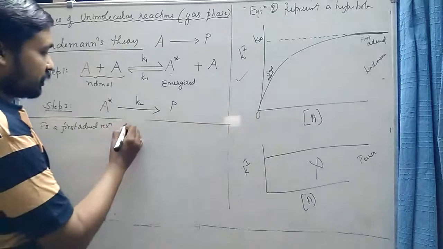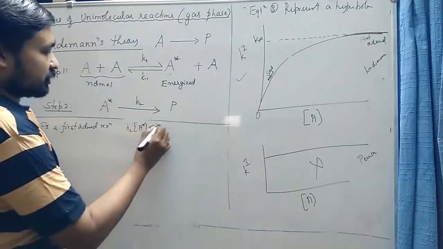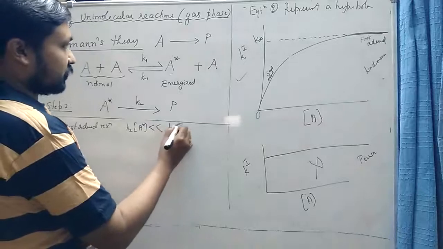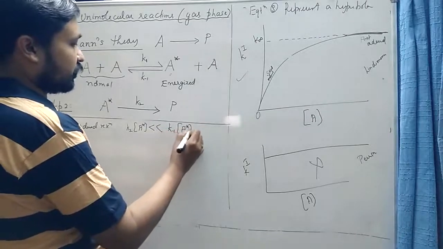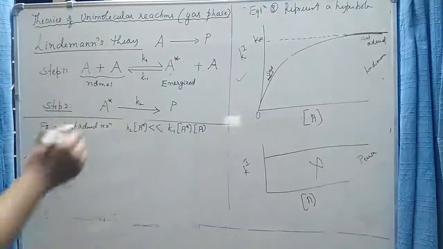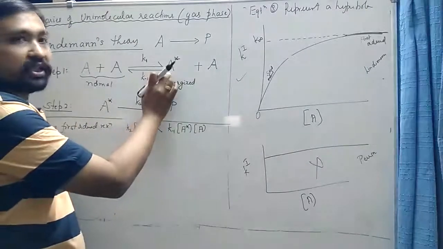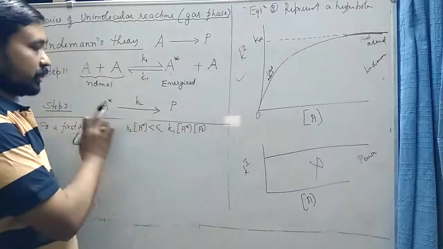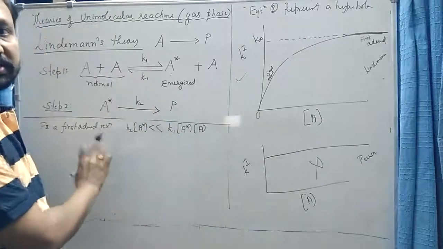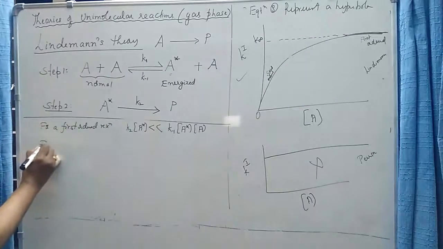It means K2 into A star is much less than K minus 1 into A star into A. So the rate of de-energization of the molecule A star is much greater than the rate of the second step, and this results in a first order reaction.